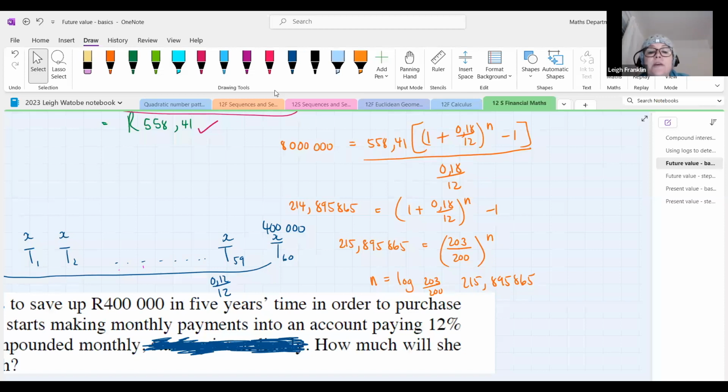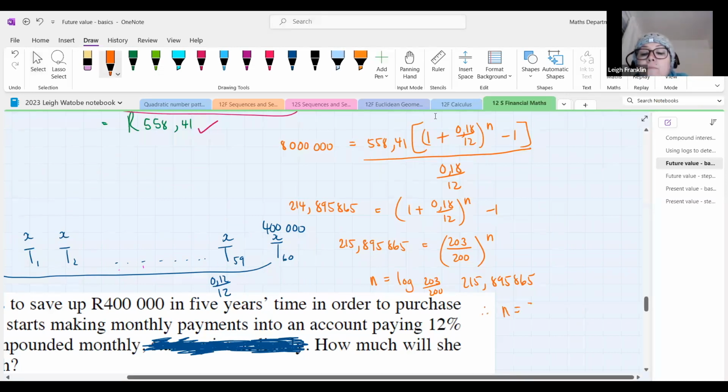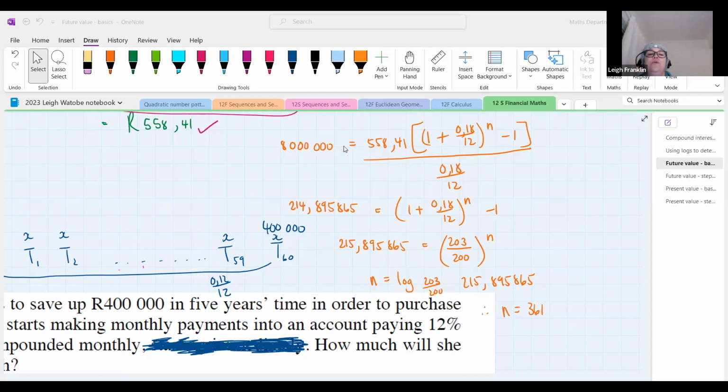Do you see you're getting n is equal to 361? So if you did need to work backwards to n and use logs, this is how you would do it. I don't know who asked me to show you how to do that, but oh, it was Sisipo. Okay, there you go, Sisipo. That's how you would do it.